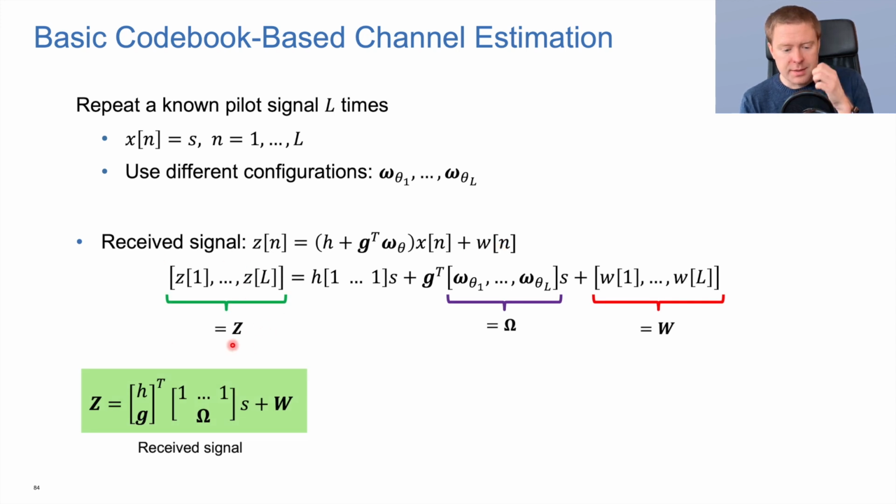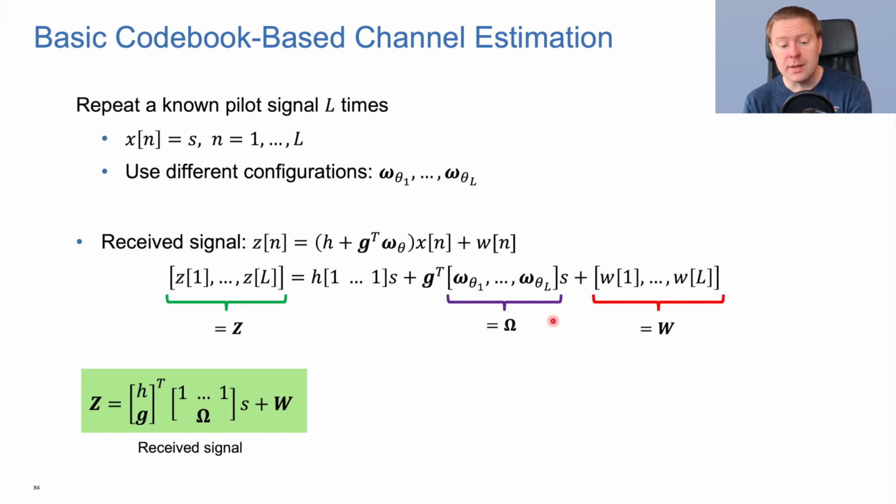Let's say this is a vector with received signal, or a row matrix. Here I have omega collecting the matrix with all of my configurations as columns, and here I have a row vector as well with all of my different noise signals that I'm receiving.